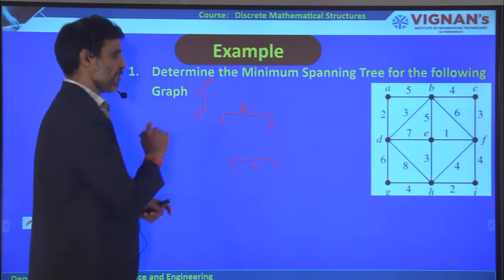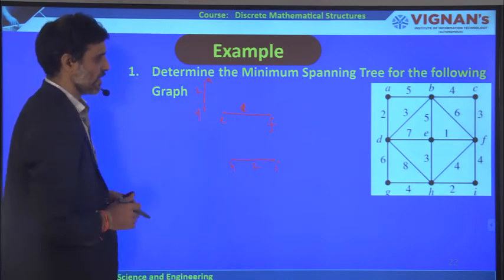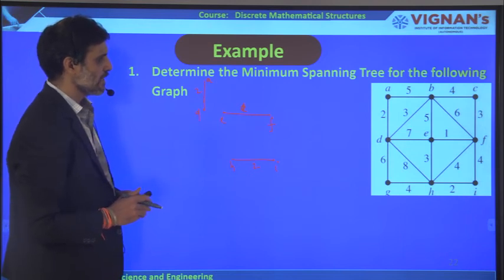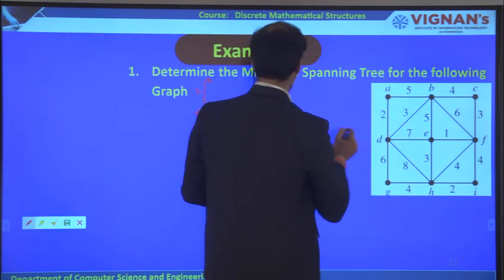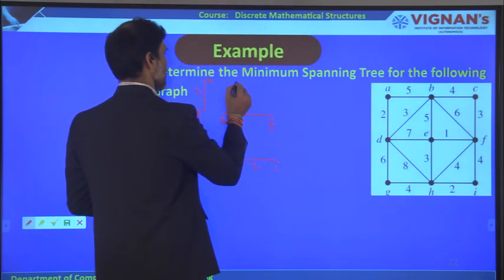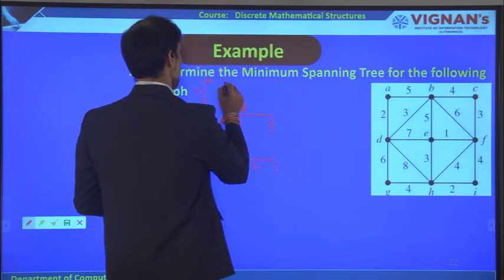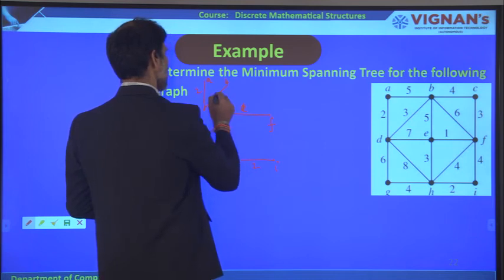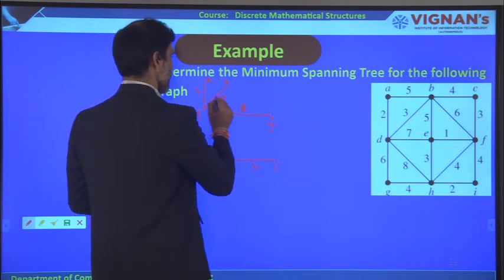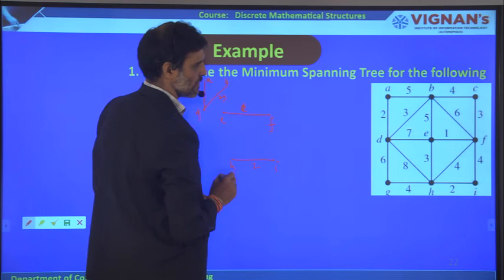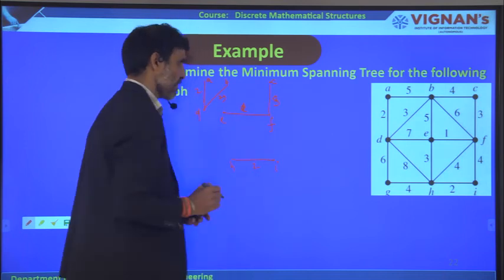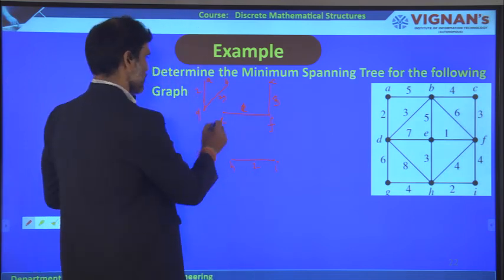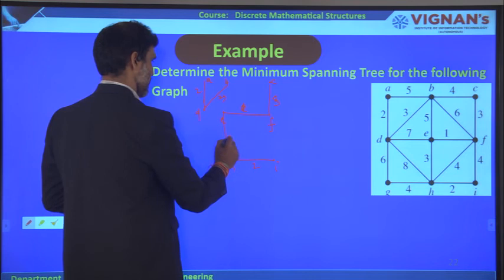With this we cannot form a cycle, therefore we can take it. Now you can go with edge value 3, after the 2s. B to D is there, you take B to D. Or otherwise you can take C to F with 3, or E to H, you can take 3.